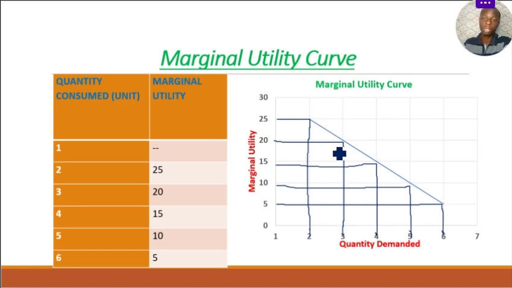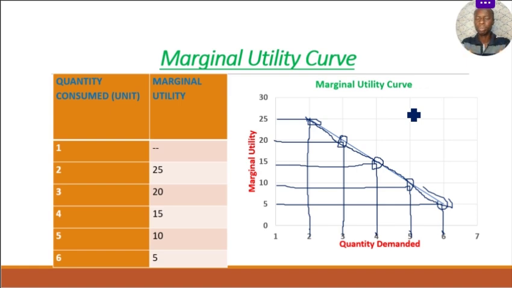At 6 quantities you derive 5 utils. So by the time you join the coordinates together with a straight line, you have your marginal utility curve. This straight line that slopes downward from left to right is known as the marginal utility curve. So that is how it is.